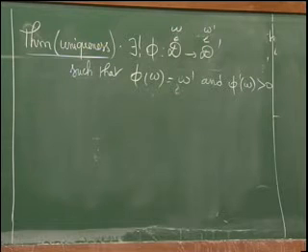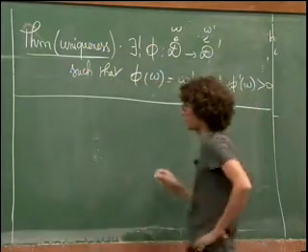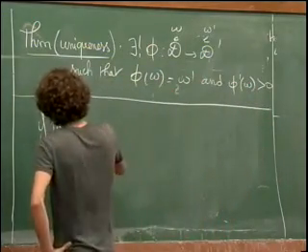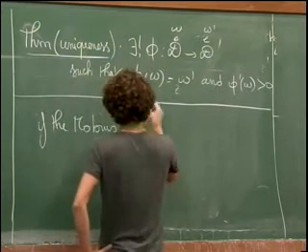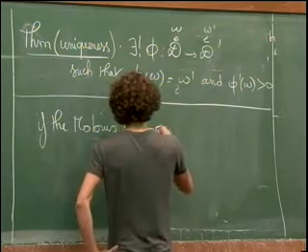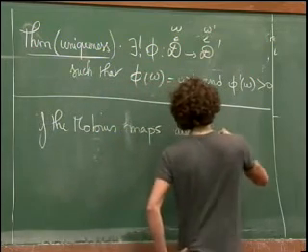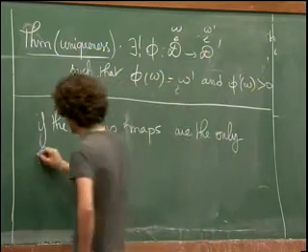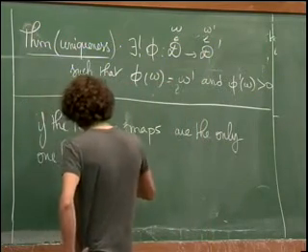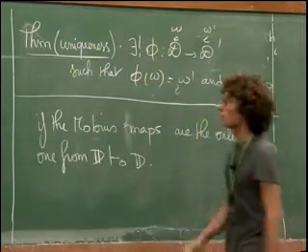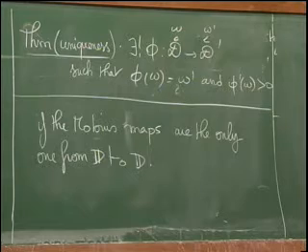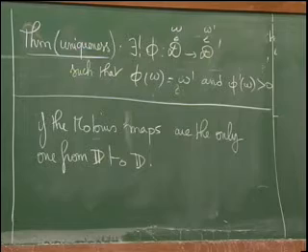So if I can prove that the Mobius maps are the only one from D to D, then this theorem is easy because basically you have only one Mobius transform that maps 0, say, to 0, and phi prime of 0 strictly positive.